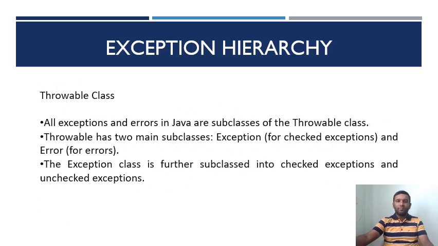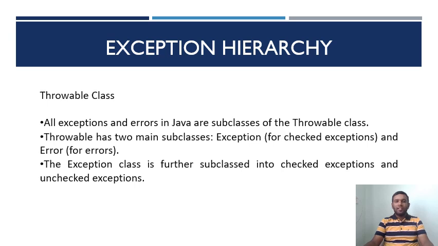Exception hierarchy. What is the hierarchy of exceptions? First thing is about the Throwable class. All exceptions and errors in Java are subclasses of the Throwable class. Throwable has two main subclasses. Exception is for exceptions and Error is for the errors which come in the program.